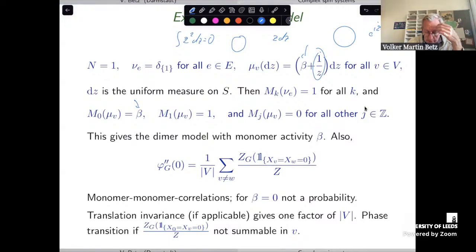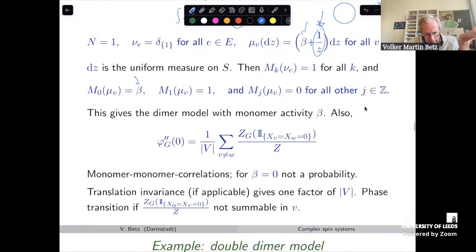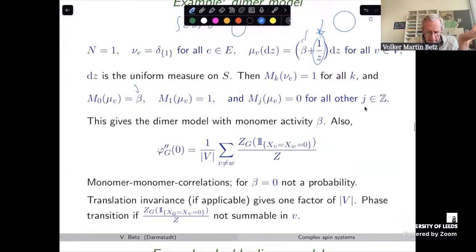So by these complex measures, all these moments are 0, except the ones where you have a constant here, and that gives you that, on the edges, you can have as many links as you want, but you must have 1 or 0 at each vertex. So that means you have to have dimers or monomers.